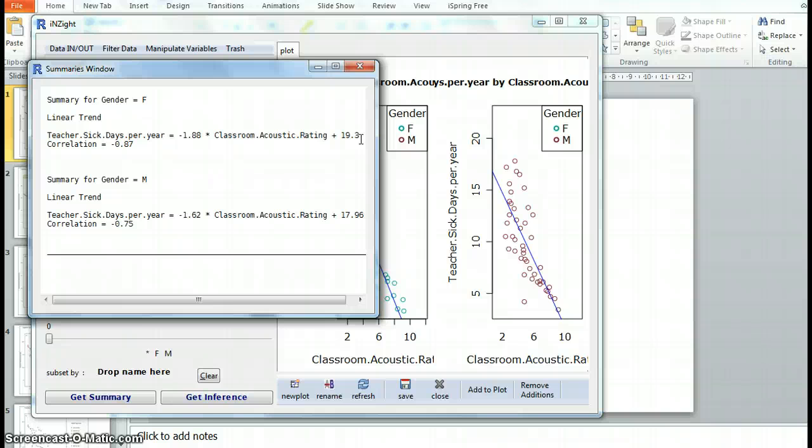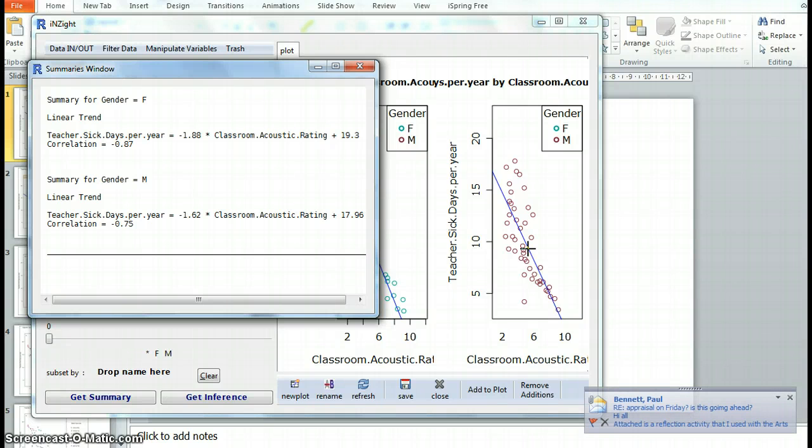It is predicted that with an acoustic classroom rating of 5, the number of days sick will be about 9. I can look at the graph and see if your answer is roughly correct. If I trace up where 5 is, your answer should be about 9 days, because it's going to be right on that line. So that's a good check to make sure you've done your calculation correctly.